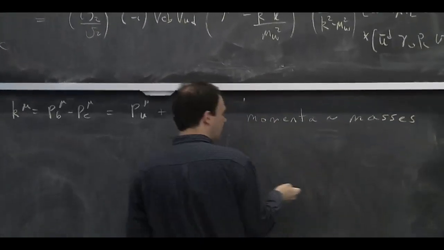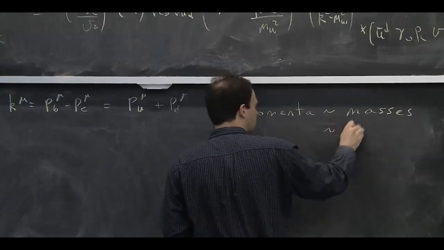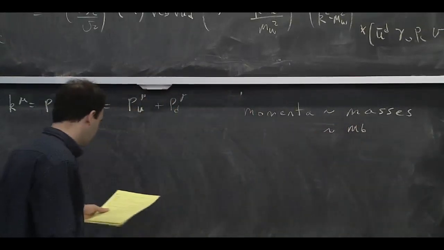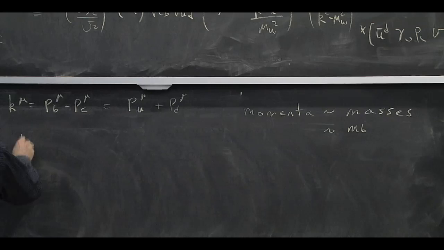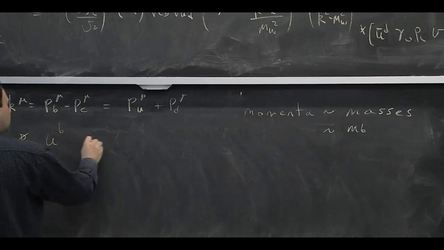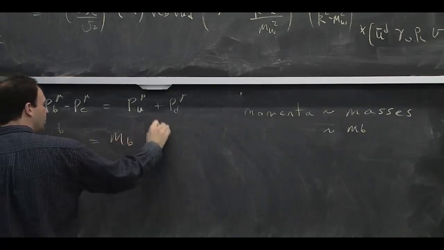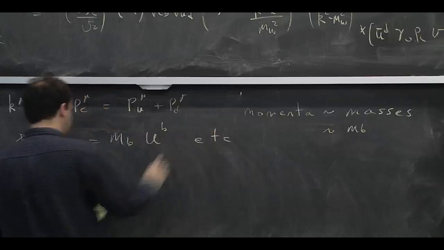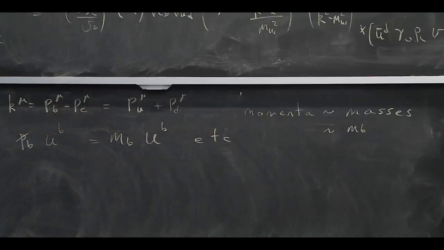And the heaviest mass in this case is the b quark mass, so we'll take it to be the b quark mass. We can use the equations of motion. So p_b slash on u_b, the spinor for the b quark, is m_b u_b, etc. And we can simplify the diagram by doing that.